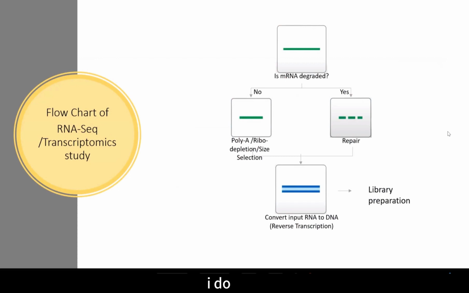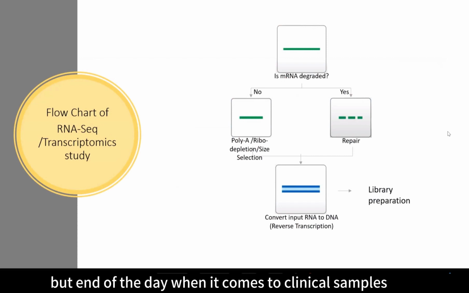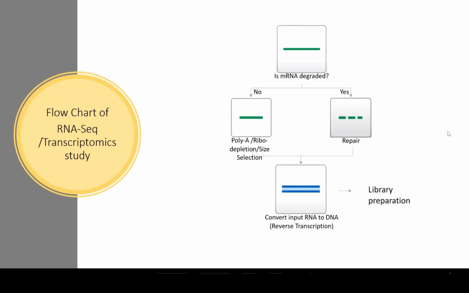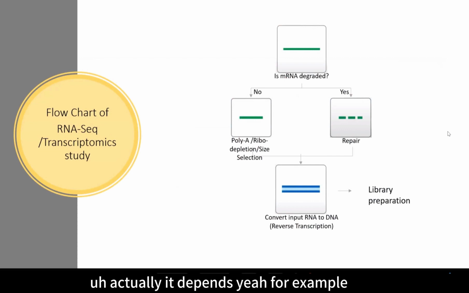Thank you. So you can sequence a wide range, but at the end of the day, when it comes to clinical samples, you have to focus and be very specific. But this platform is not that specific, right? Actually, it depends.